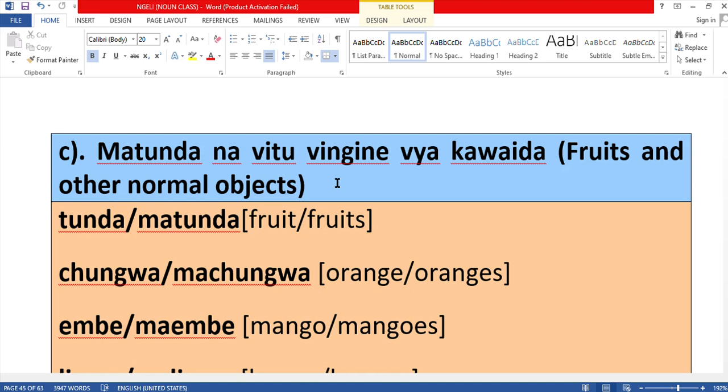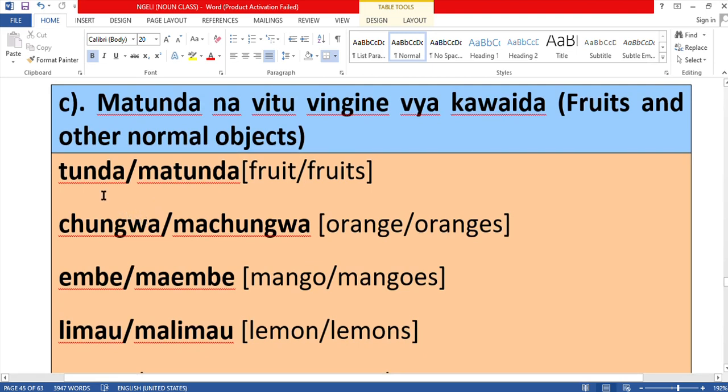So when you ask, will Simba win today? They reply, kawaida, or kama kawa. Kama kawa is sheng, slang language, like the norm. Kawaida, it's normal for this team to win today. Okay?